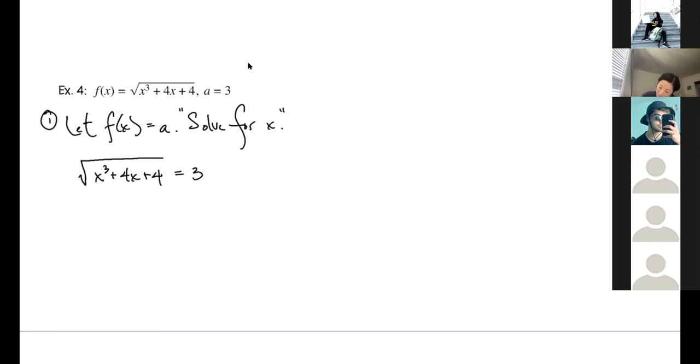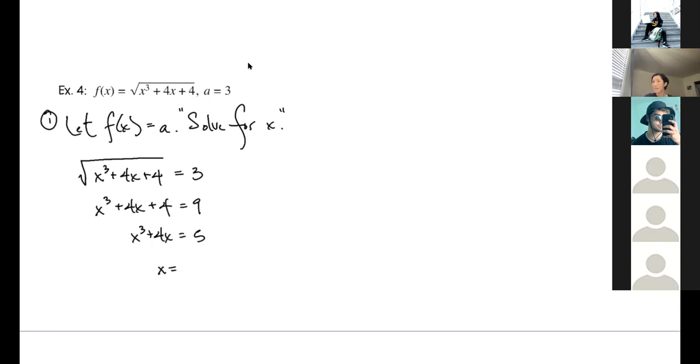So before I do that, because I don't really like to think about square roots, I'm going to square both sides. So I get x cubed plus 4x plus 4 equals 9. And it might even help me to say x cubed plus 4x equals 5, and just subtract that 4 to the other side.